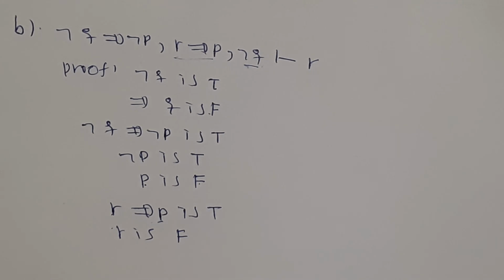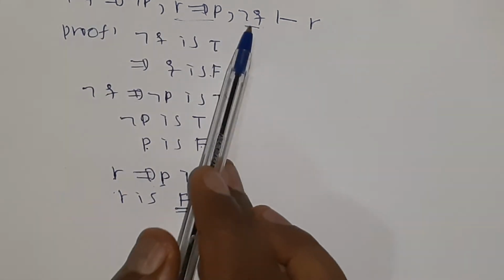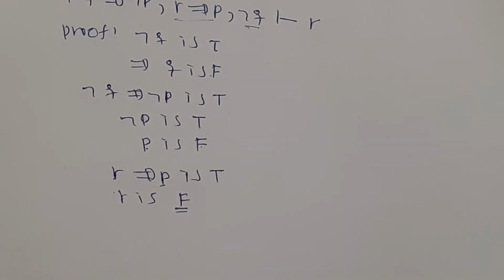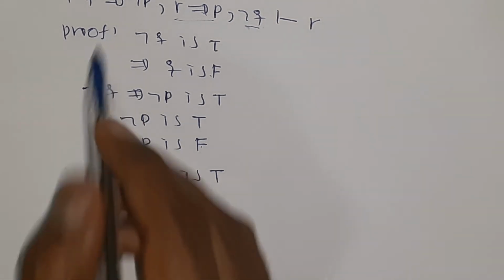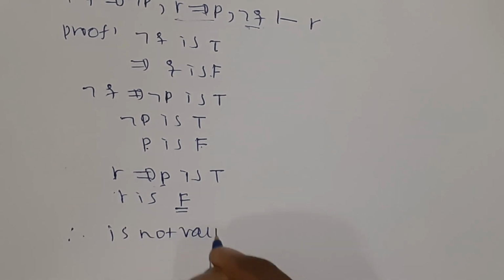That is the conclusion. Therefore, since the conclusion is not true when we assume that all the premises are true at the same time, the argument is not valid, or it is invalid.